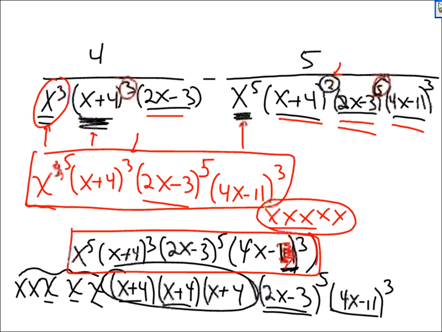That finishes that problem. Excuse me. Trying to get it so you can see the 11. That's the problem. Okay. 4x minus 11, all cubed.